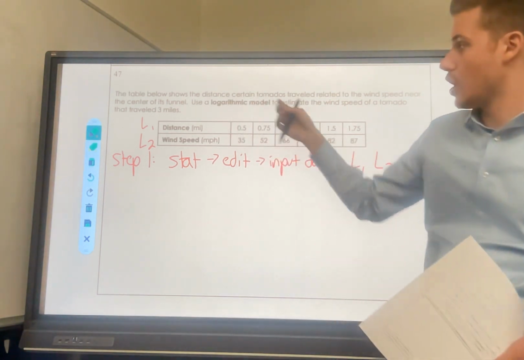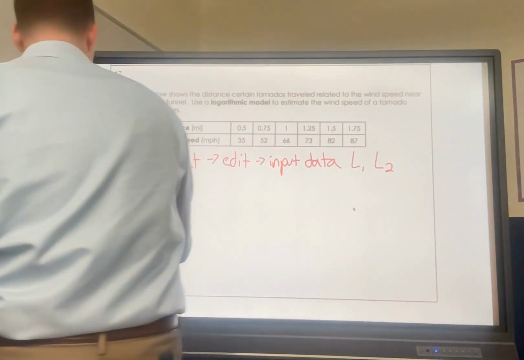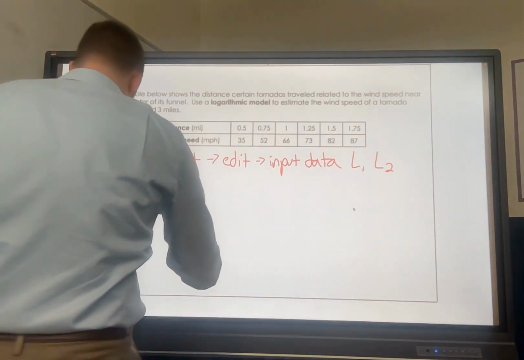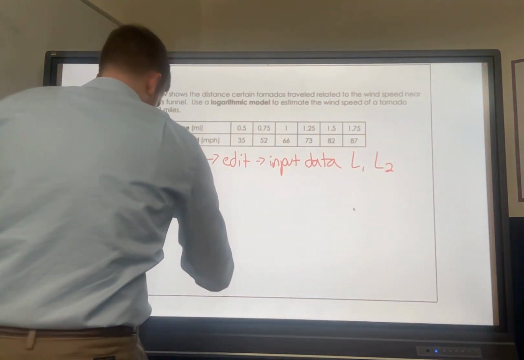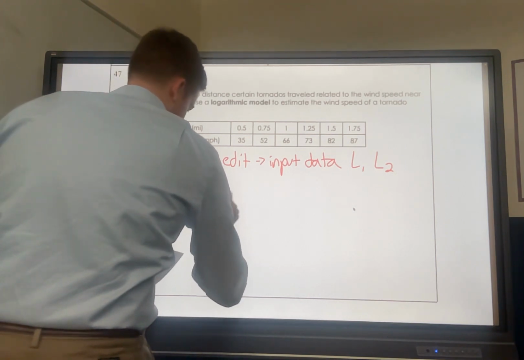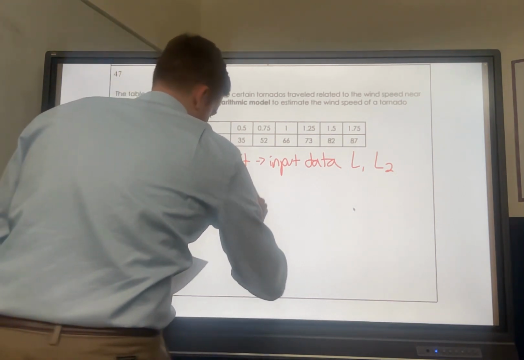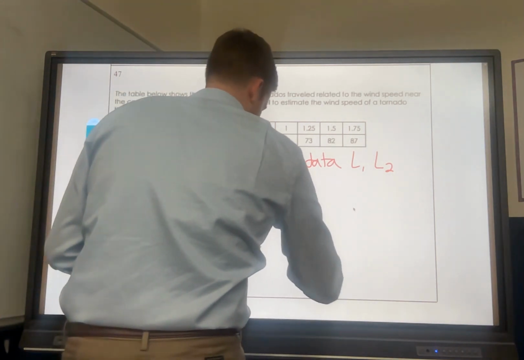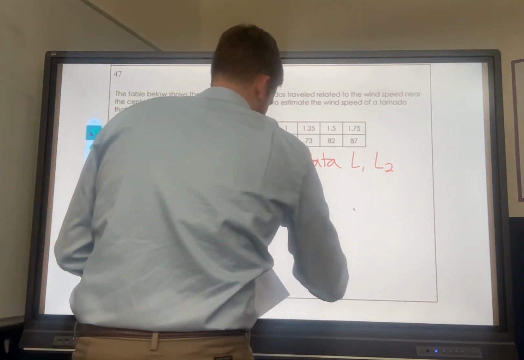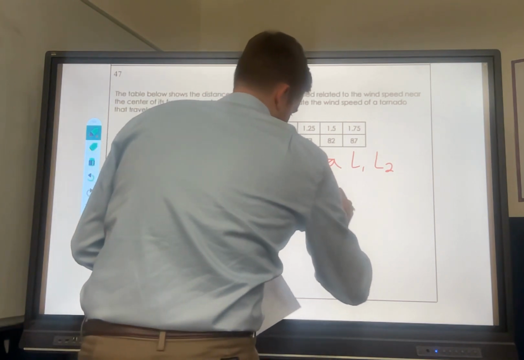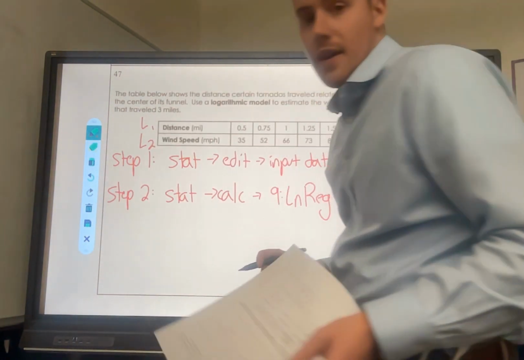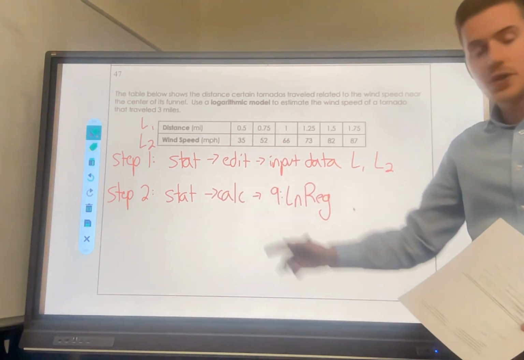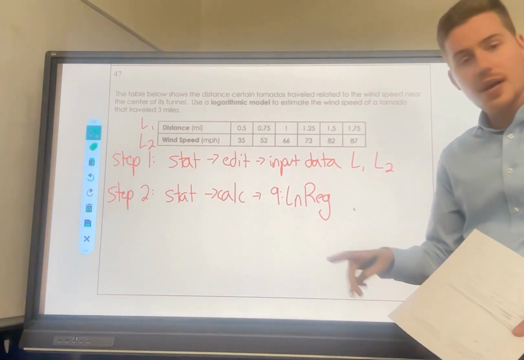It says I want a logarithmic model. All right, our step 2, I want y'all to hit the stat button, then go over to the calc menu, then scroll down to option number 9.